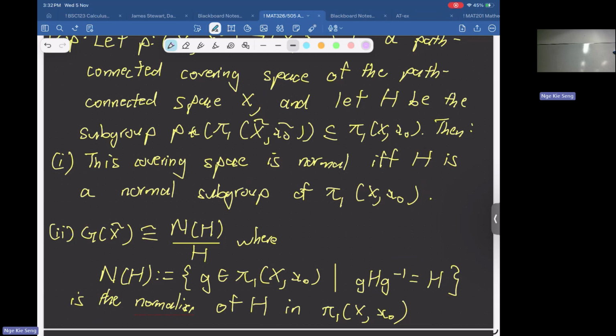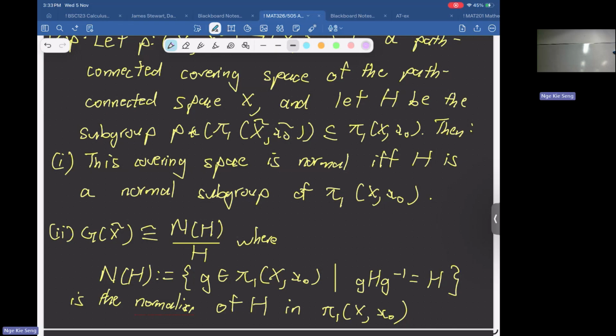Your base actually determines what your deck transformation is. Correct? For example, R: just now we said that the deck transformation of R is Z. It cannot be larger than the fundamental group of the base space, Z.